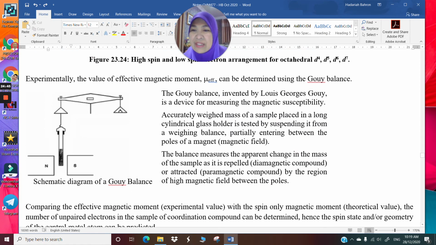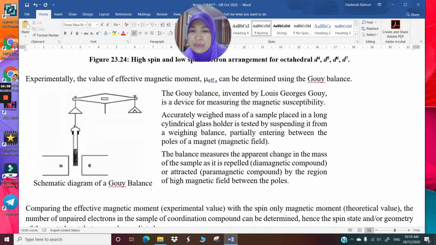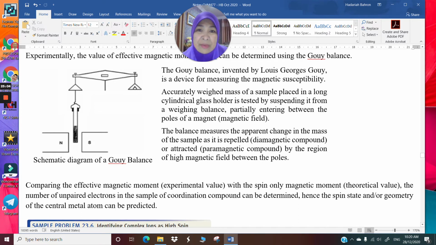Yeah. So this is the Gouy balance, which is the instrument used to measure magnetic moment of any transition metal compound.